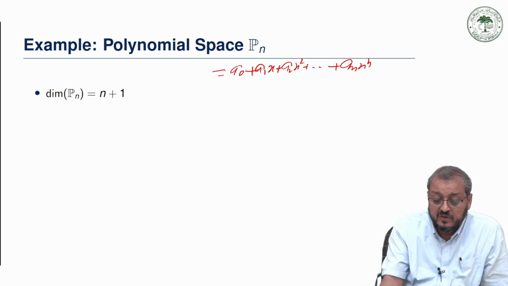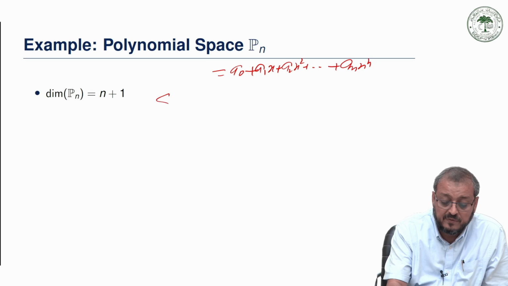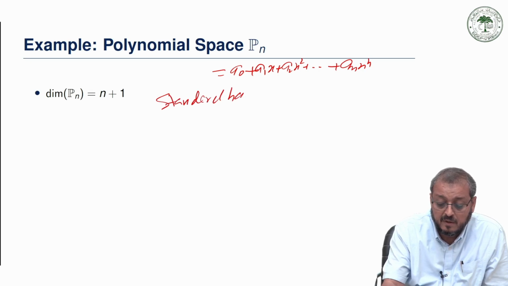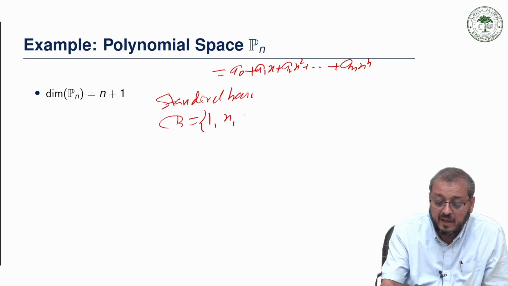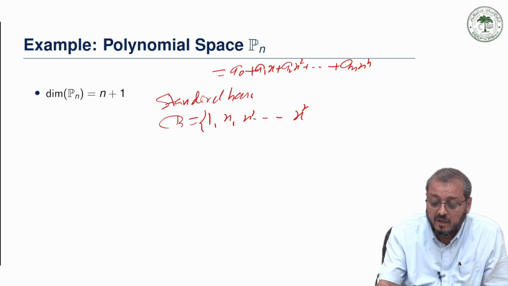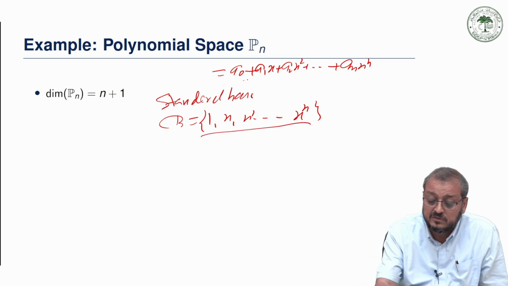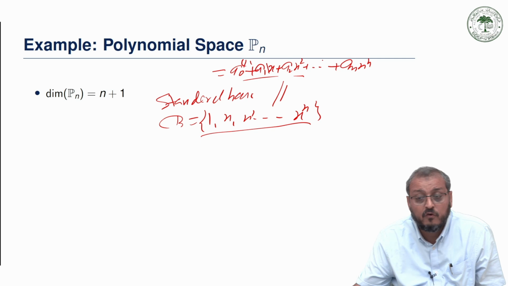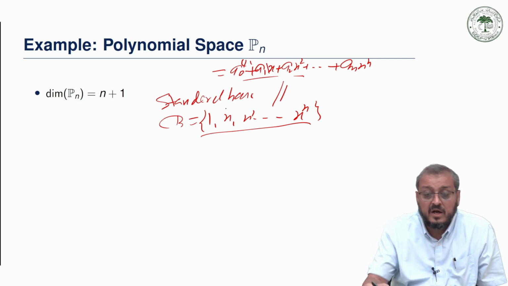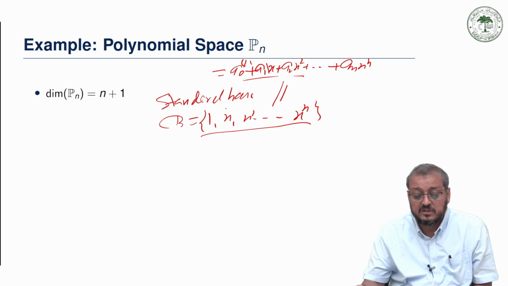As before, we assume the standard basis B is 1, x, x square, up to x to the power n, and this is clearly linearly independent, and also every vector can be written in this form. So this form generates the space and is also linearly independent.